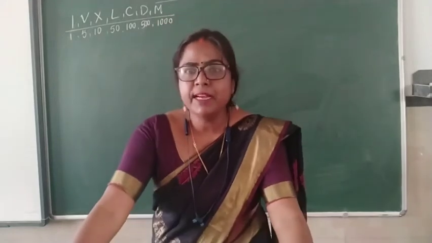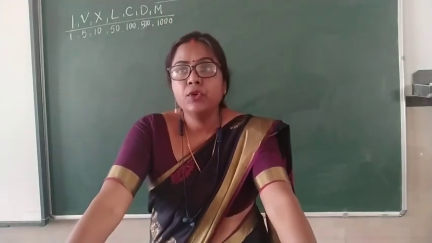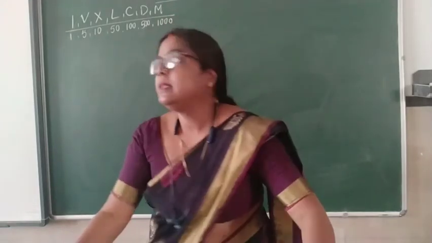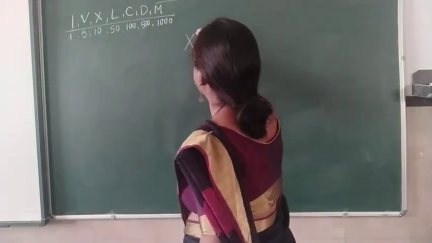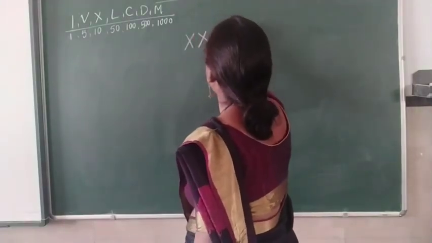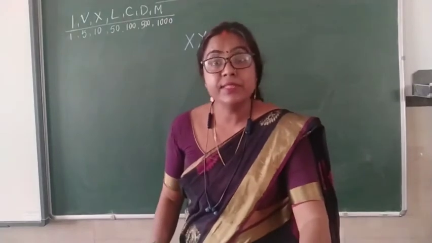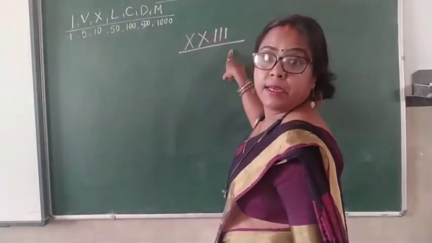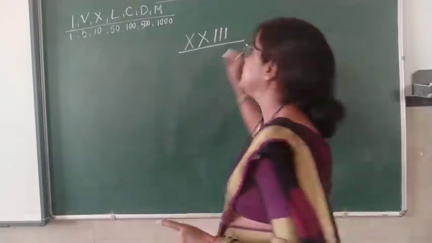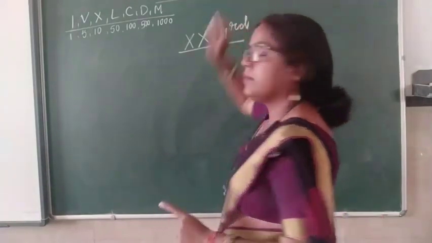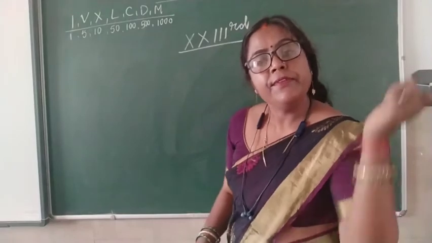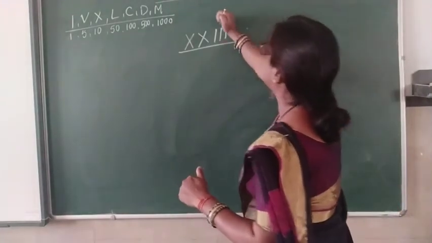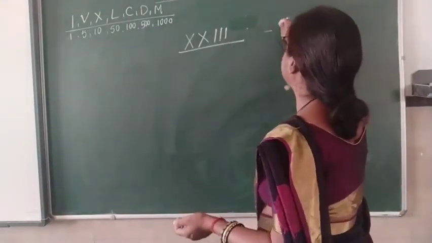Now some questions might be arising in your mind, that you have seen it written like this, the XXIII Olympic Games. You have seen this. We are reading it as the 23rd, but we will not write it as 23rd above the numeral. When we read it, we will read it as the 23rd, or you can write it down like this also.